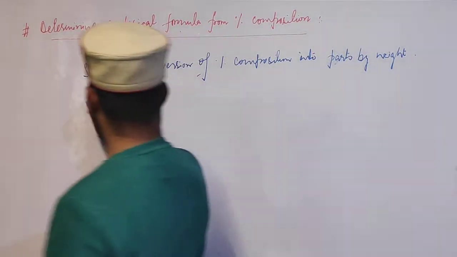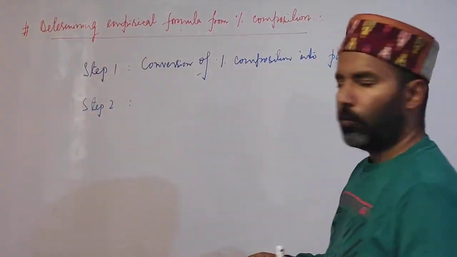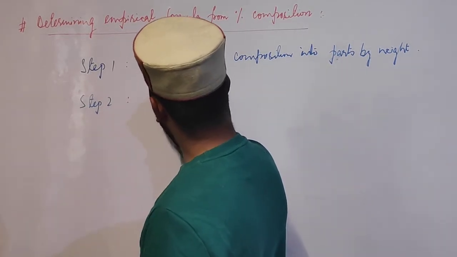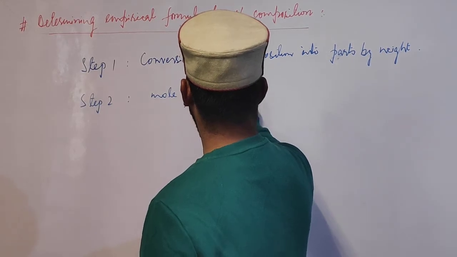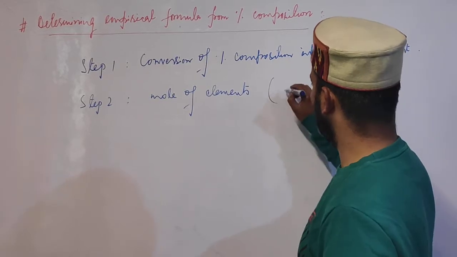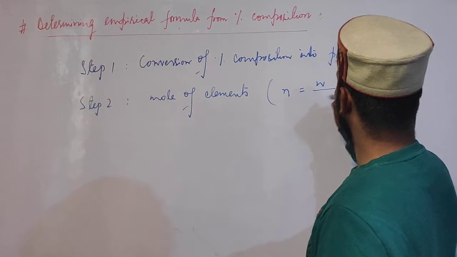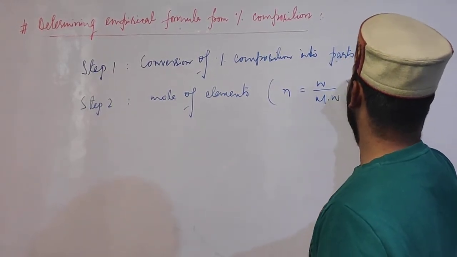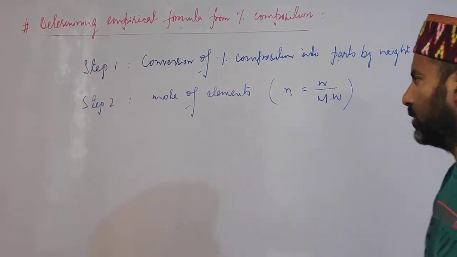Now students, second step is that we find moles of atoms. So second step is we find moles of elements. Okay? And how do we find moles, students? For that we use mole concept. From the given weight, we find moles by dividing weight by molecular weight or molar weight of that element.